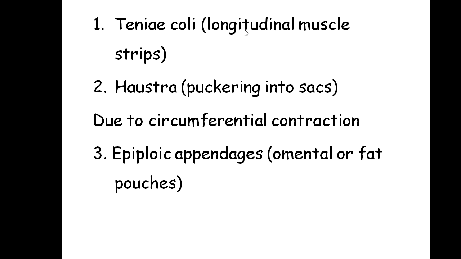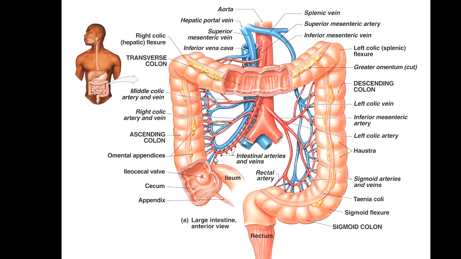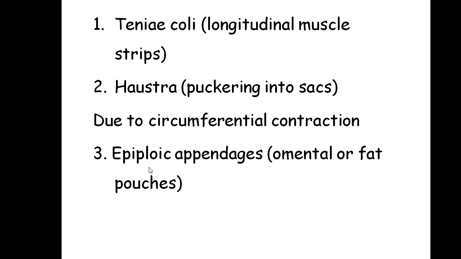Tinea coli are just like uterine muscle strips. Haustra are the puckerings due to circumferential contraction, and epiploic appendages, or omental appendages. The omental appendages are also called epiploic appendages.